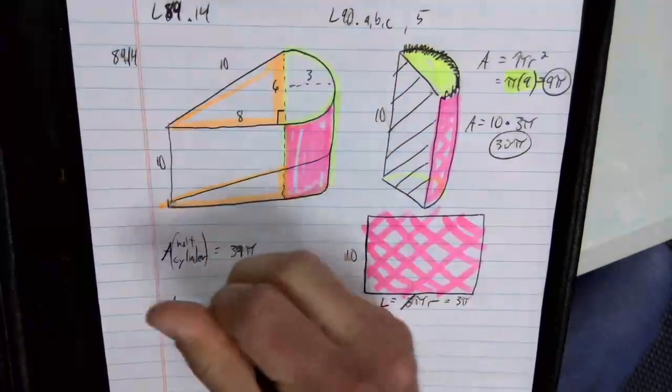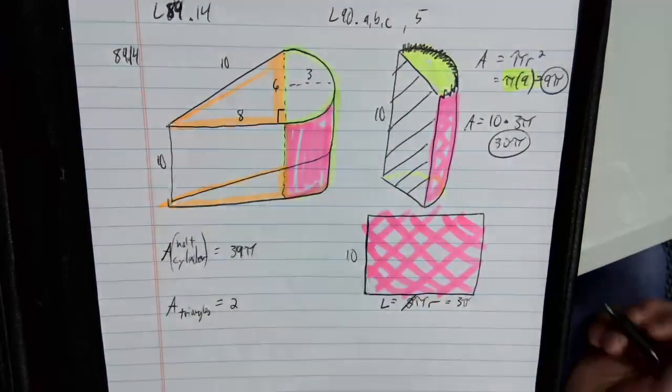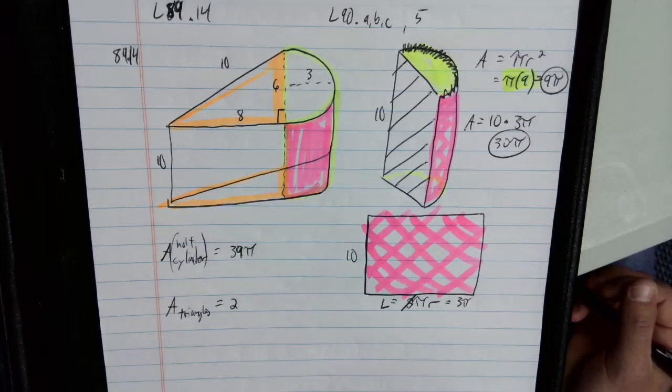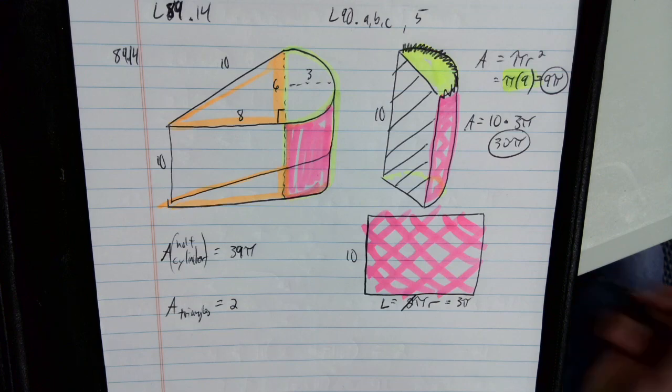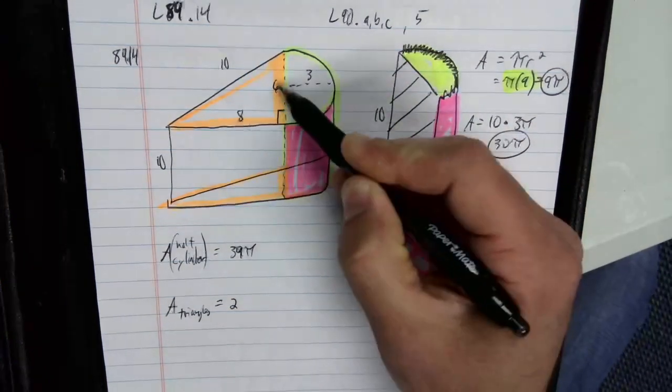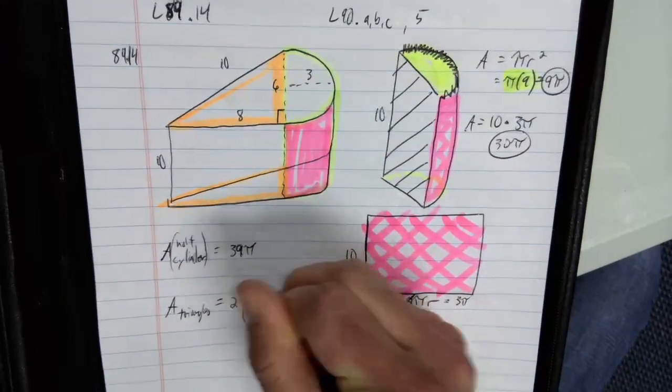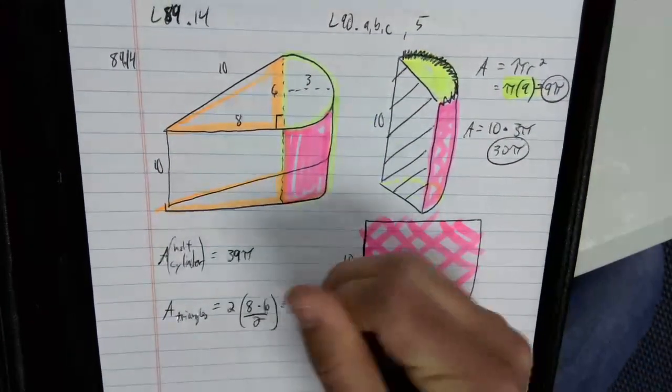So there would be 2 of those. And then what's the area of each one? 42. Well, 21, because we have to divide. Base times height divided by 2, right? So 8 times 6 divided by 2, like that. We're going to get 48.